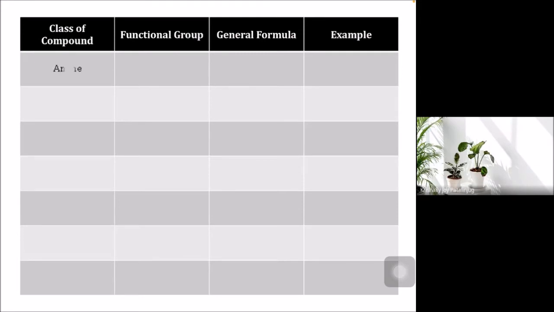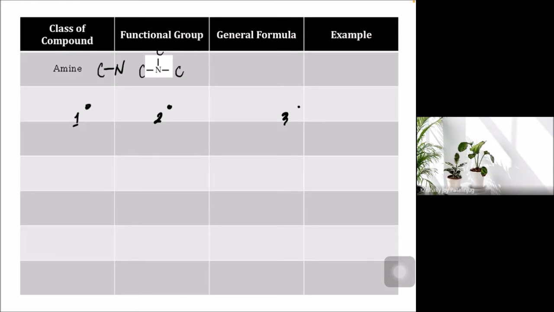Let us proceed to amine. With regards to amine, this is what you should remember. Do not be overwhelmed by what you saw in your handouts with many R groups, etc. Just remember, for the amine class, carbon single bond to nitrogen. When you see a carbon single bond to nitrogen, then that is amine. This could be an R group, depending on the type of amine. We actually have four types of amine, but the most stable forms are primary, secondary, and tertiary amine.